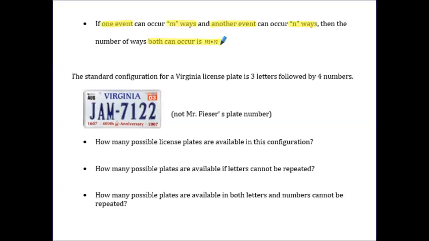So we multiply the number of ways that the one event can occur with the number of ways that the other event can occur. Let's try this out on the example of a Virginia license plate.